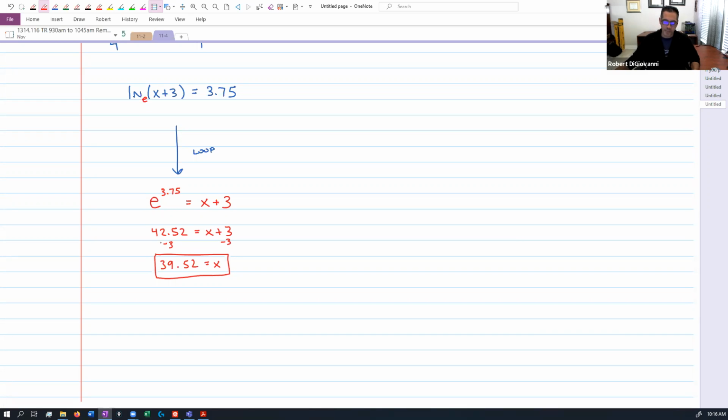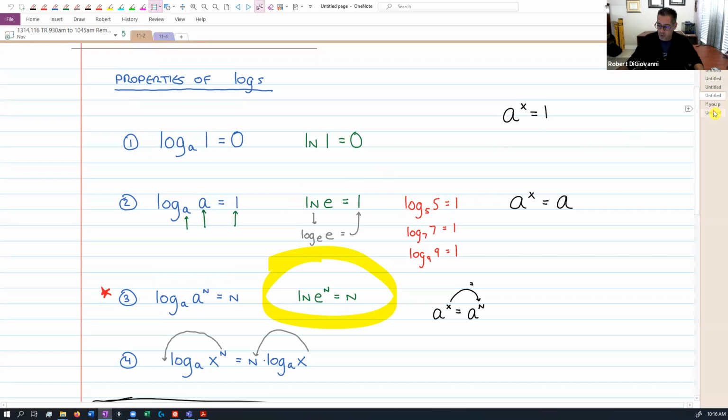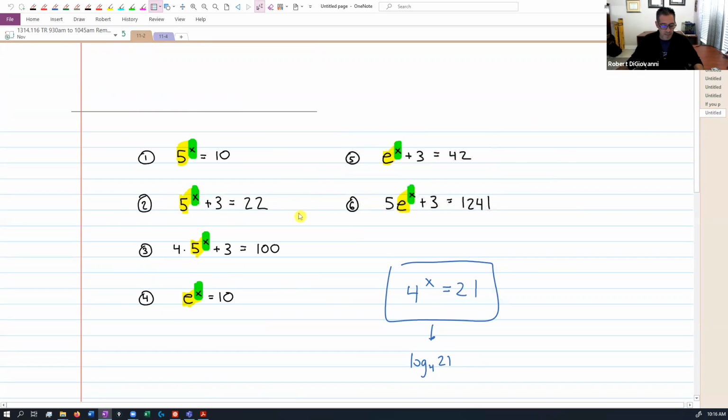All right. Now I've given you the basic idea of how to solve equations that involve logarithms and exponents. If we go back and look at what you did for homework, in all these problems the variable was up top, right? So the whole idea was to get this by itself and then generate the logarithm from that.